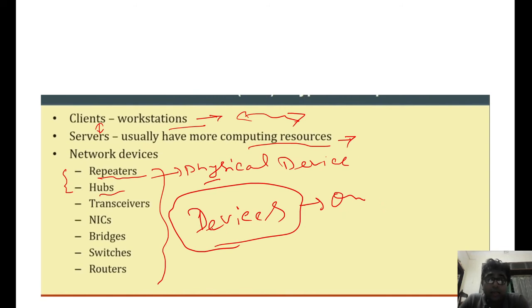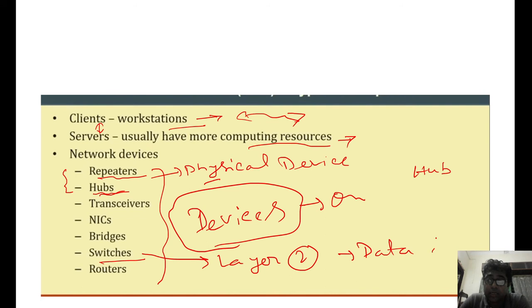Another device that we use is known as a hub. Now what is the function of a hub? We will go through that, but before that we'll get through the devices. The switch is a device used in layer 2, which is known as the data link layer. Switch and bridge are both used there; the bridge is a better form of hub, and layer 2 uses a switch.